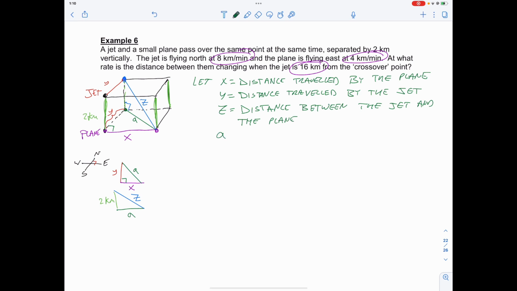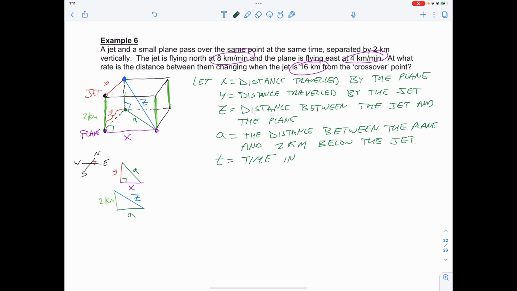And we're also going to include A, which we're going to call the distance between the plane and 2 kilometers below the jet. And as per usual, t equals time. In this case, we're doing it in minutes.